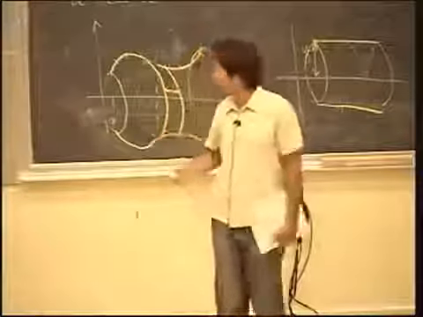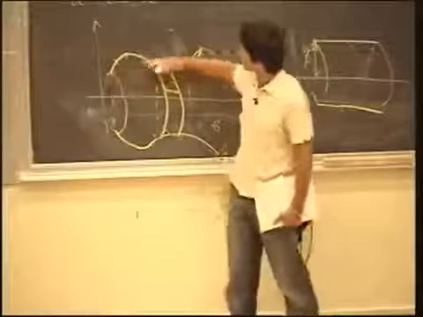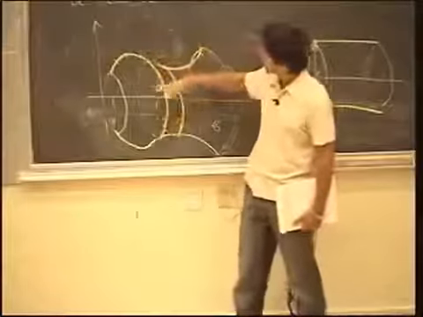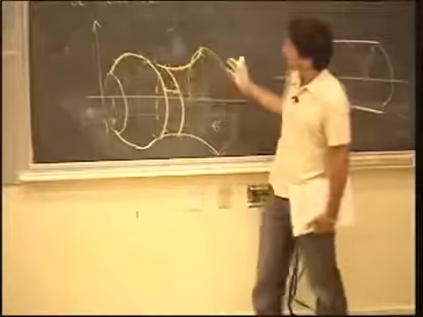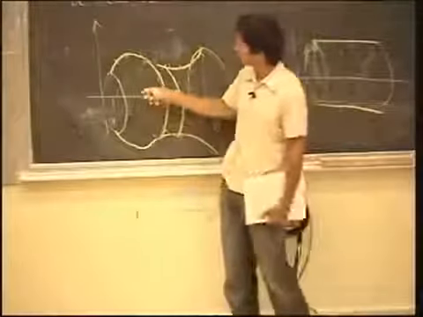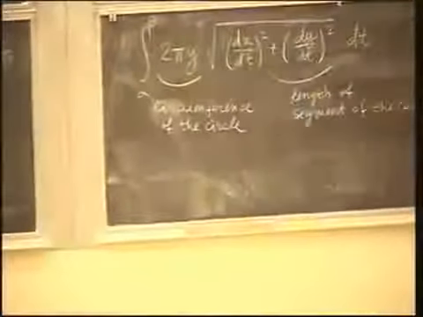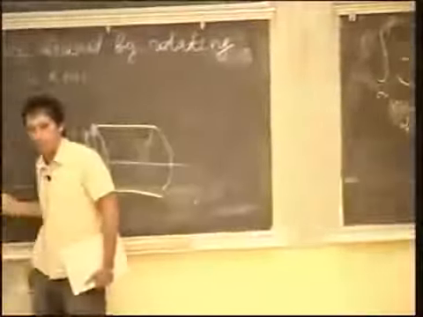If you are told that you have to look at the figure which includes both the surface of revolution and the top and the bottom, and you're asked to calculate the area of the whole thing, then you have to take the sum of 3 terms. One is given by this integral, and that is, strictly speaking, the area of revolution. The area of revolution by itself does not include top and bottom. But if you're asked, you can add those 2 pieces as well.